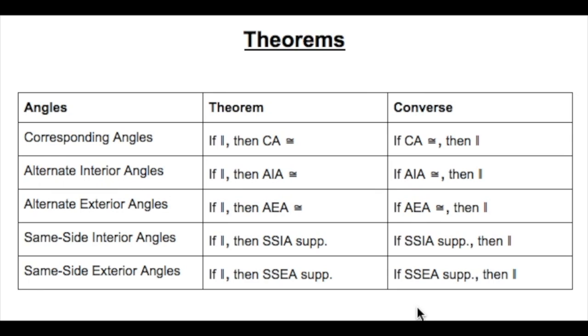So we already know that specific angles are congruent or supplementary, and we're using that information to prove that the lines are parallel. So one is used if you have parallel lines and you're trying to prove something about angles, and the other's used if you have information about angles and you're trying to prove that lines are parallel.